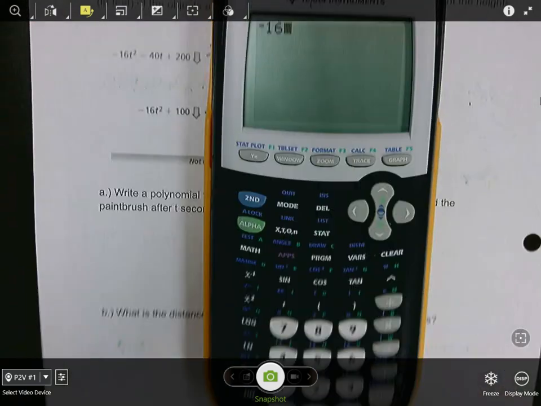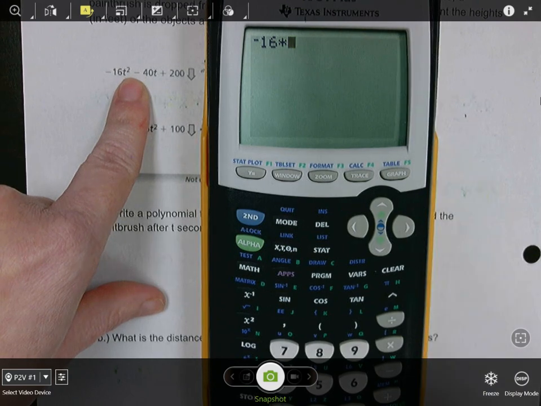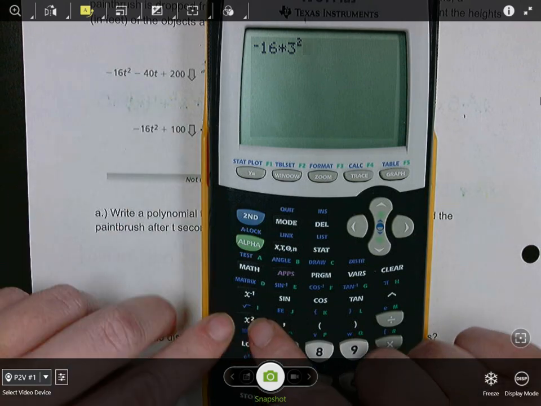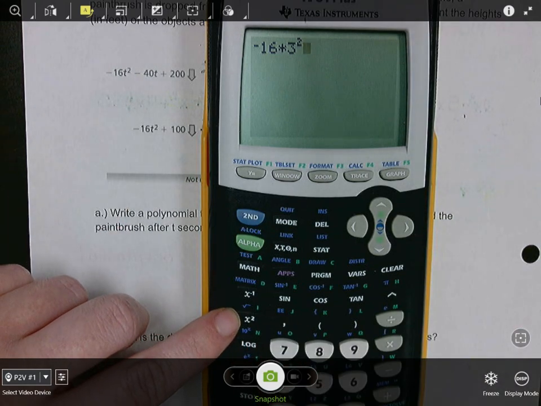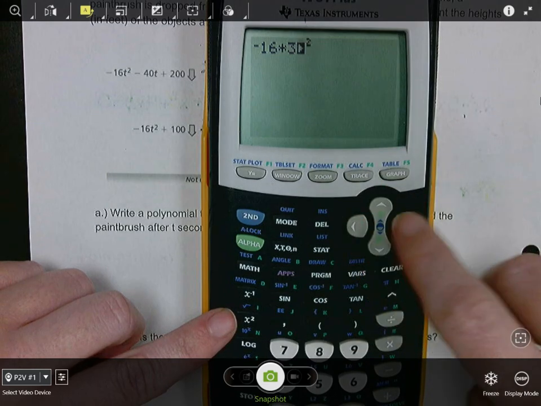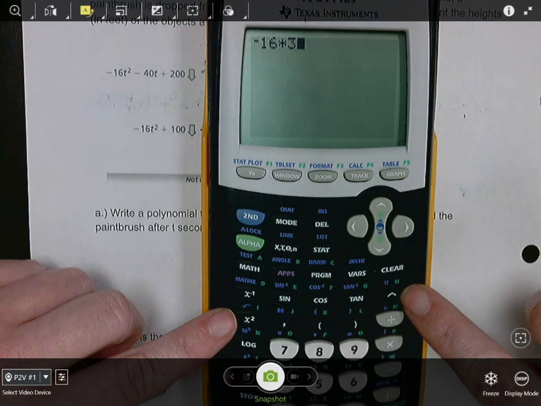Negative 16. And then times t squared, and t is 3 seconds. So you would do 3 to the power of 2. If you're doing squared, you can just hit this button that says x squared, and it automatically puts it to the power of 2. Or you can do this button here, the caret that's up above the division symbol.